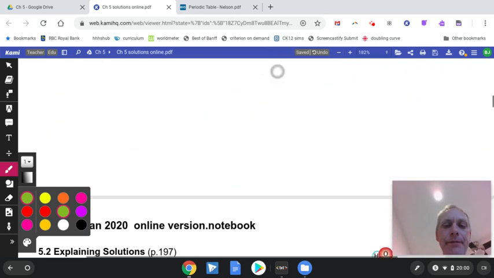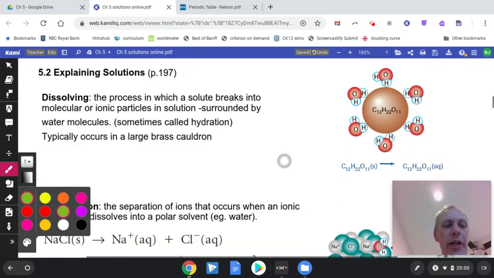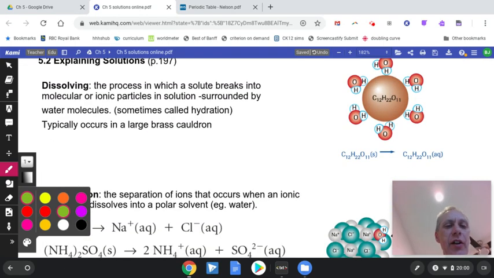Okay, so let's go through and practice a little bit here. Dissolving, the process in which a solute breaks into molecular or ionic particles surrounded by water. So why does dissolving work? What causes it? It's all about water being polar.